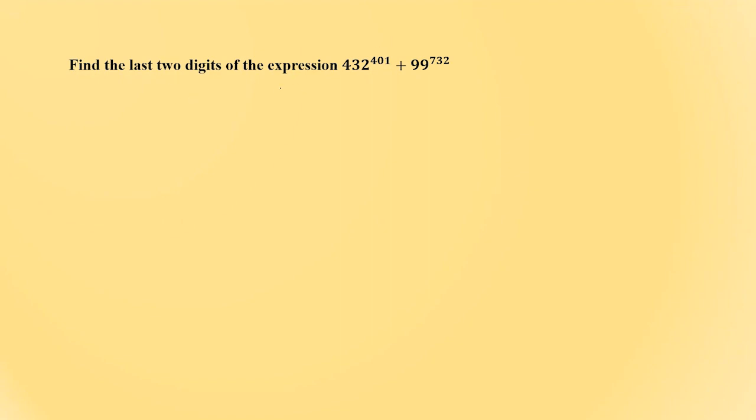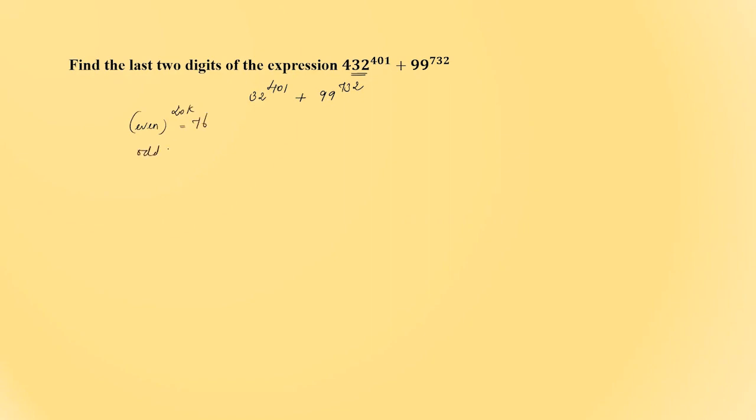So the last two digits of this expression would be nothing but 32 to the power 401. The last two digits would depend on the last two digits only, na? Plus 99 to the power 732. Now, you can apply the uniform thing throughout, or you can do two different things. One is, I know even number raised to the power a multiple of 20, the last two digits will be 76.